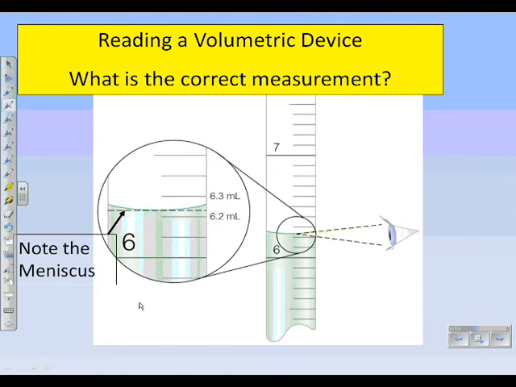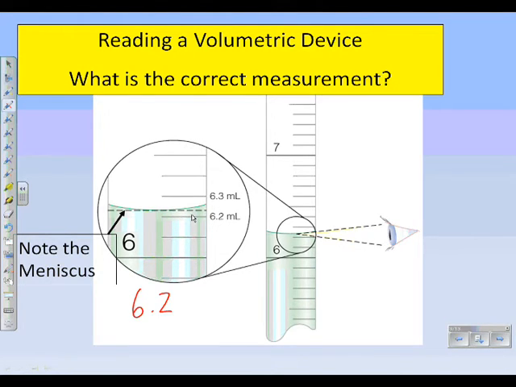So when I'm recording my measurement, I write down, okay, 6.2. But then remember that proper measurement technique says I have to make a guess about exactly where this level or volume of the liquid is in between 6.2 and 6.3.